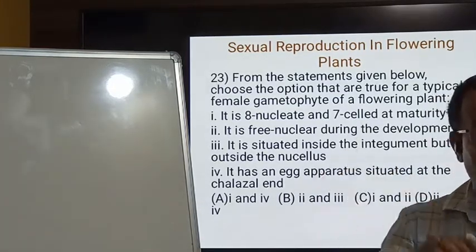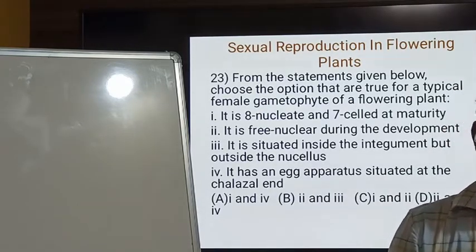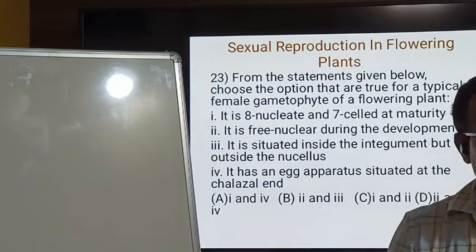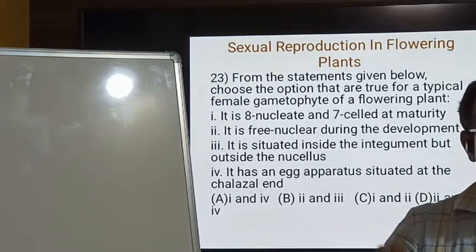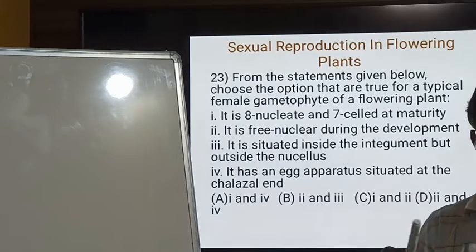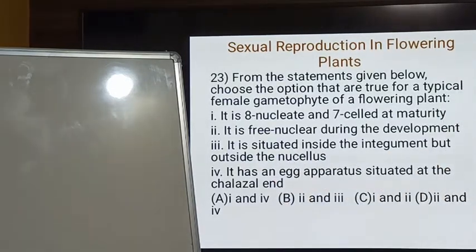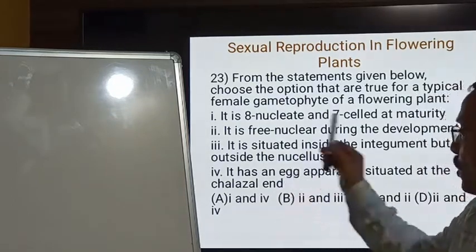They move towards the opposite poles. Further 4 nuclei, 6 nuclei and 8 nuclei are formed. These are all due to free nuclear division without immediate formation of cell wall. So it is free nuclear during development. That statement is also right.